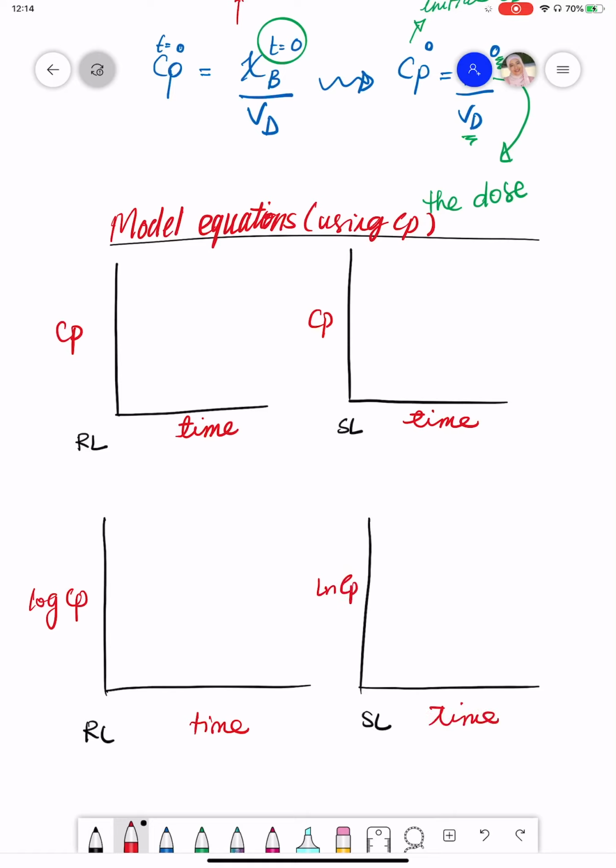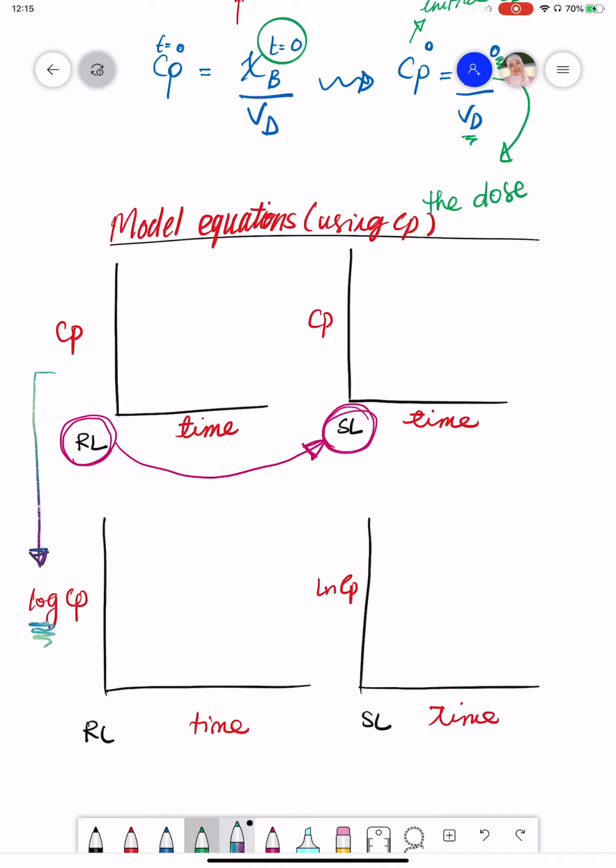Again, the only difference between this and this profile is the graph that we are using. The only difference between this graph and this one is the log transformation, and between this graph and this one is the ln transformation, okay?